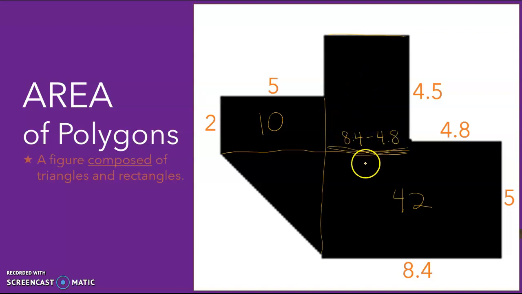So that means this length is 3.6. Since the dimension of this vertical rectangle is 3.6 by 4.5, the area of this rectangle is 16.2.